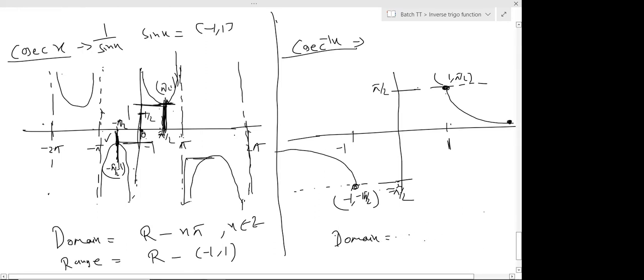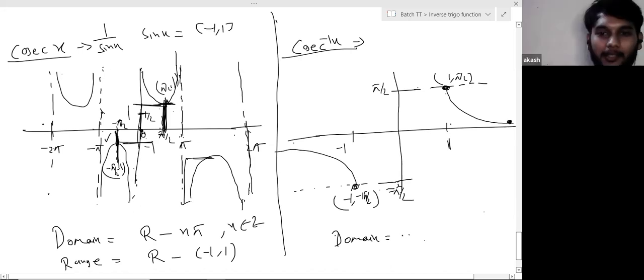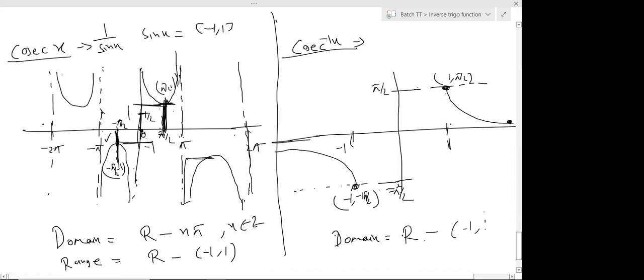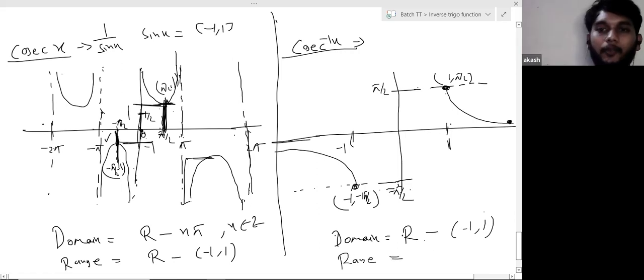It's okay. So domain here, again, we can put any x, but minus 1 to 1 is excluded. So R minus (minus 1 to 1). Range here is everything from minus pi by 2 to pi by 2, but we are not reaching 0. So minus pi by 2 to pi by 2 minus {0}.